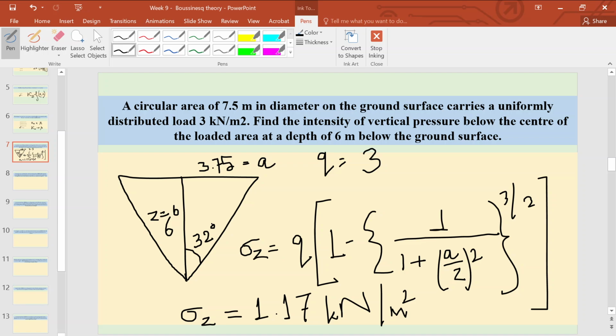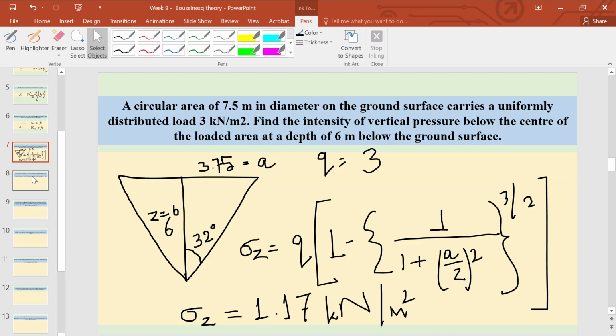So this equation is clear. This methodology is clear, I believe, for circular area with UDL. Just remember the formula and nothing else. Okay, so I'll be going to the next sum. The answer is 1.17 kilonewton per meter square.